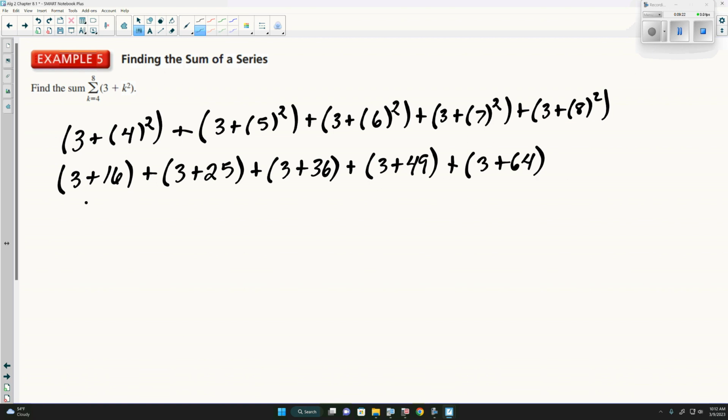Now we add these together, so that'd be 19 plus 28 plus 39 plus 52 plus 67. Now we can add these together. I'm going to do 19 and 28, which is going to be 47. 39 and 52, 91.